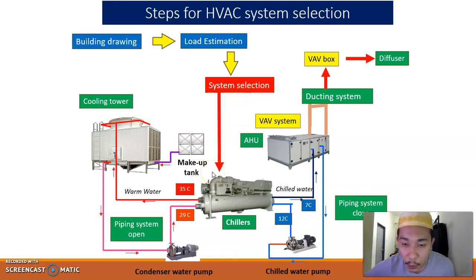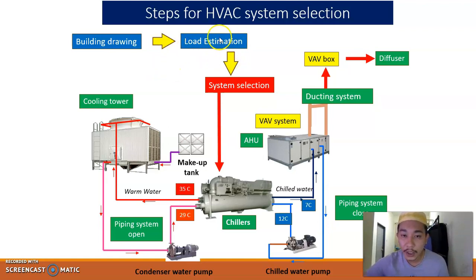This slide explains the schematic of the steps in HVAC system selection. The first one is the building drawing. We draw the layout of the entire building that we want to cool down, and then we go to the phase of cooling load estimation.